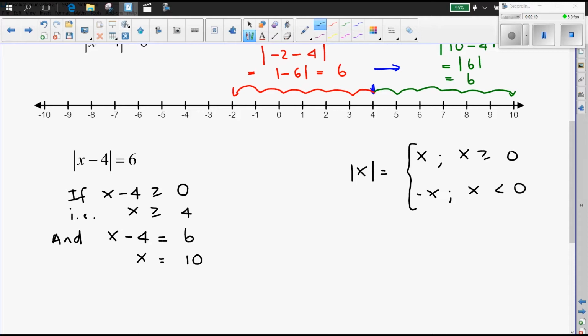Let's check against the restriction. We're looking for all numbers greater than or equal to 4, and 10 is greater than 4, so a solution is x equals 10.